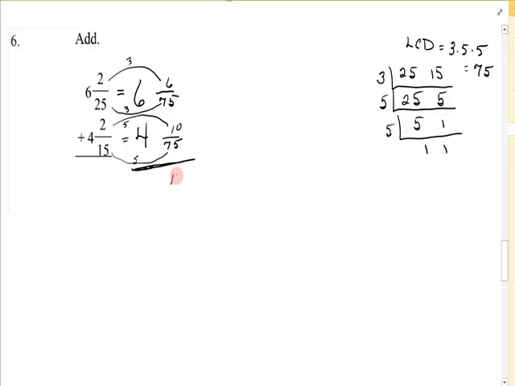When I add, I get 16 75ths. I add the whole numbers, and I get 10. That is not improper. It's fine. It's a proper piece. It cannot be reduced, so that's my final answer.